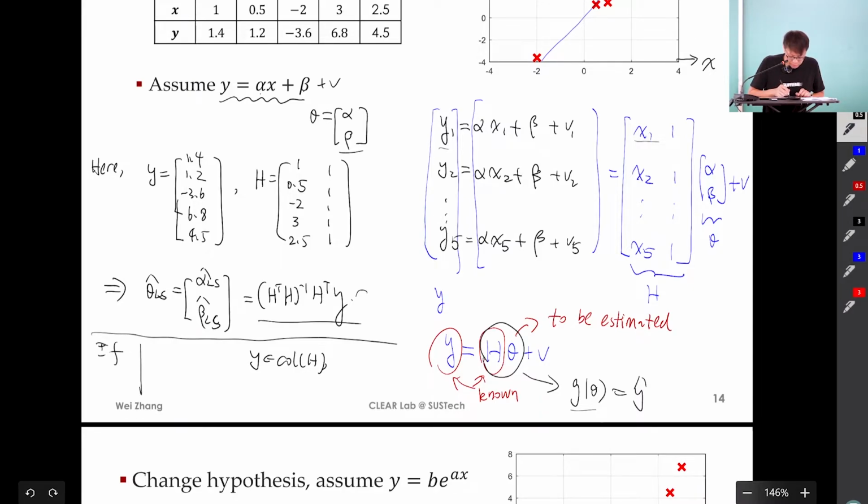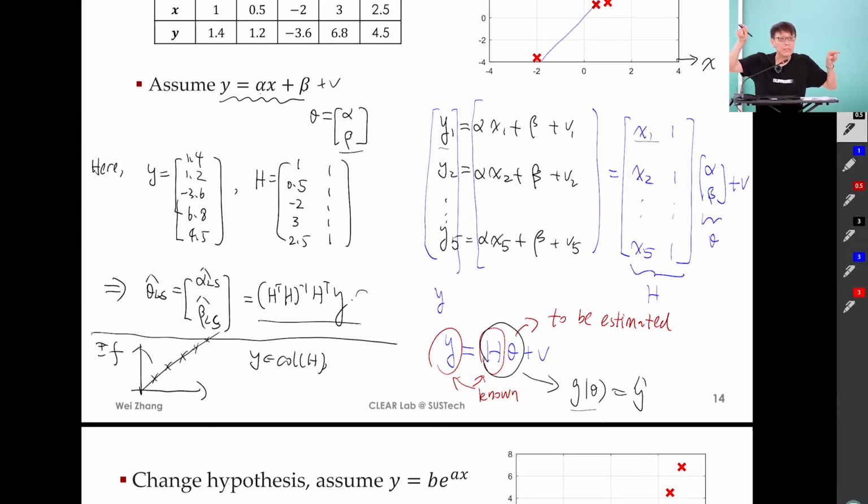If your data agrees completely with your model, so this is just a line, sorry, my drawing is bad, and your data is like this on the line, then the error will be 0. You can check in that case y falls into the column space of H. You may have perfect data, just a line, and in that case you can find 0 error. There's no residual. You perfectly fit a line, but that's typically not possible.